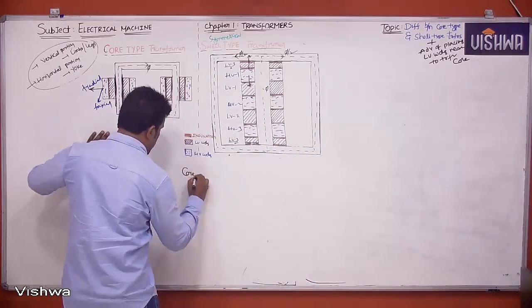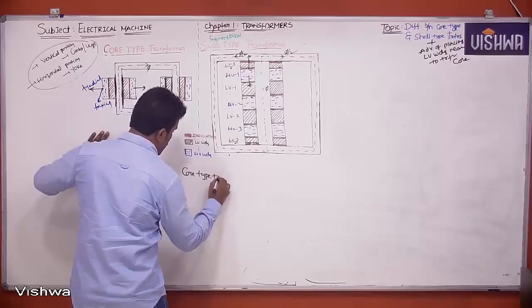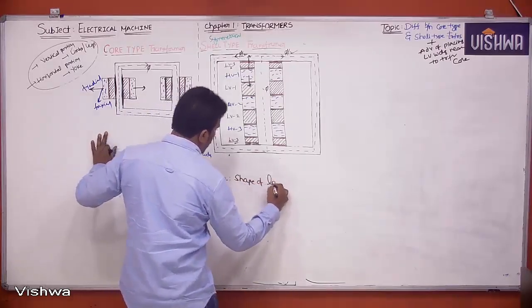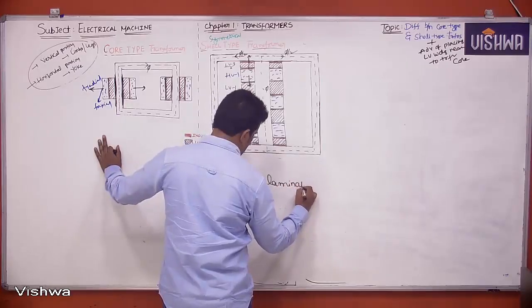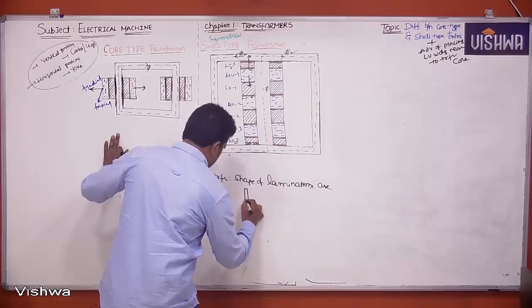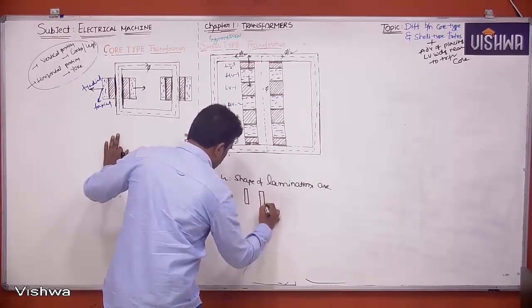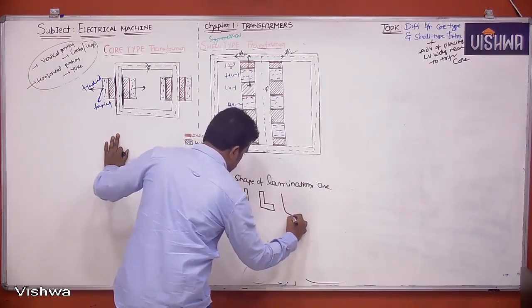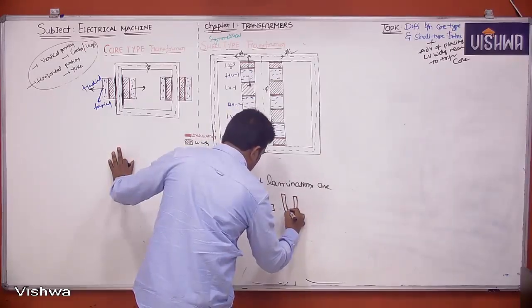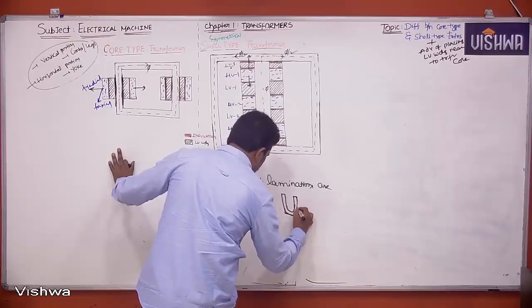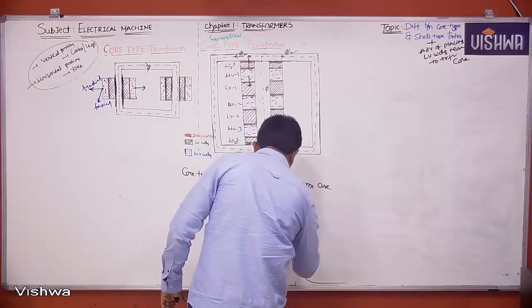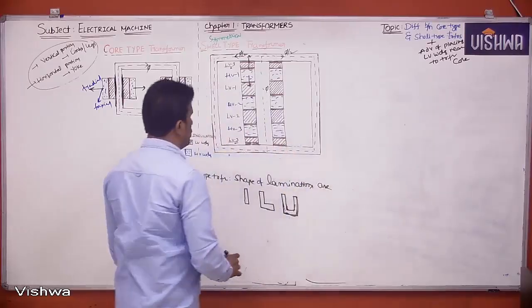In core type transformer, the shape of laminations are I shape, L shape, and U shape.